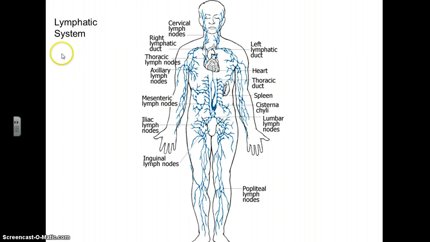You're probably familiar with the fact that you have these lymphatic nodes around your body, and this is where these vessels become enlarged, and they have a lot of white blood cells that hang out in these nodes. And when you have an infection, sometimes these nodes swell up because those white blood cells are proliferating as they're fighting off the infection.